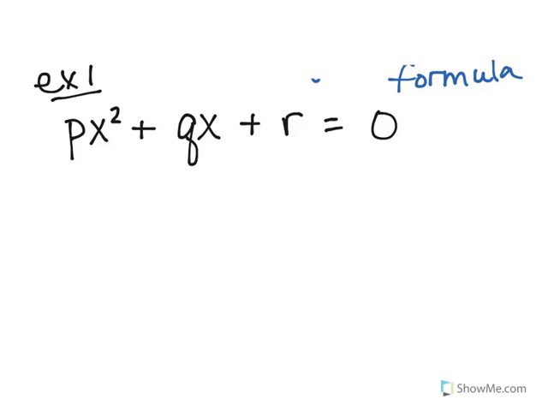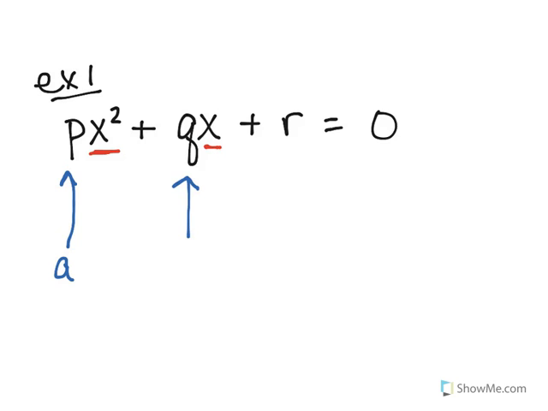Okay, so in the example here, we have an x squared term, we have an x term, and then we have this last term r, which we call a constant. What I want you to notice is this multiplier that's multiplying times the x squared, we call that our a.